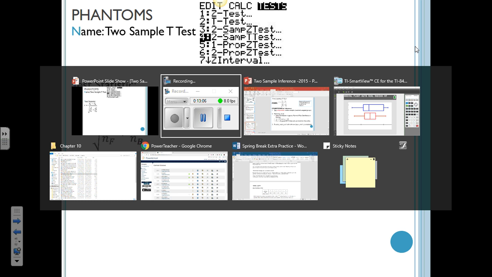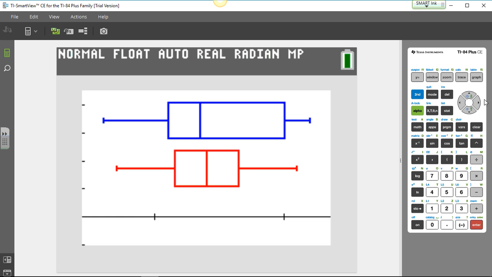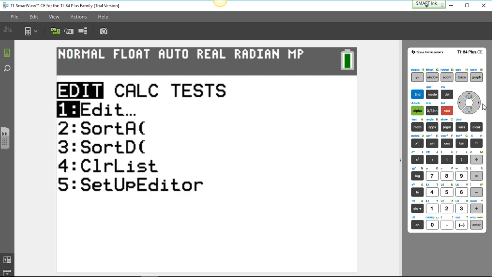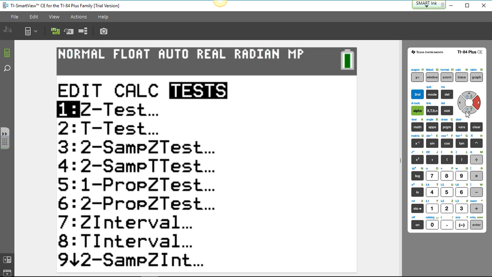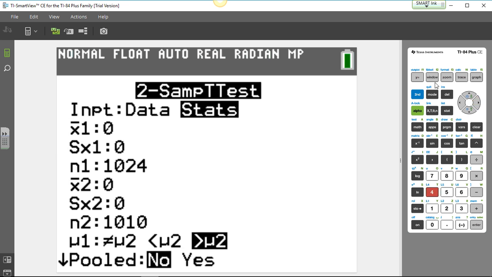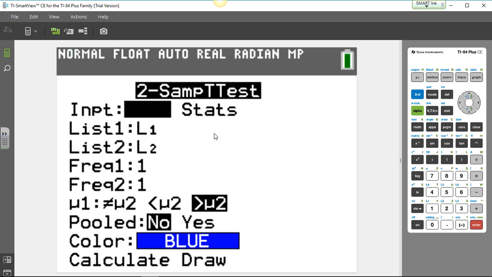So going over to my calculator again, I'm going to go to stats. We're going to go over to tests, and we're going to go to number 4, right? You could type in the statistics because they gave it to you in the chart, but we already worked at typing in all of that data. So let's go over to data and make sure we have L1, L2.